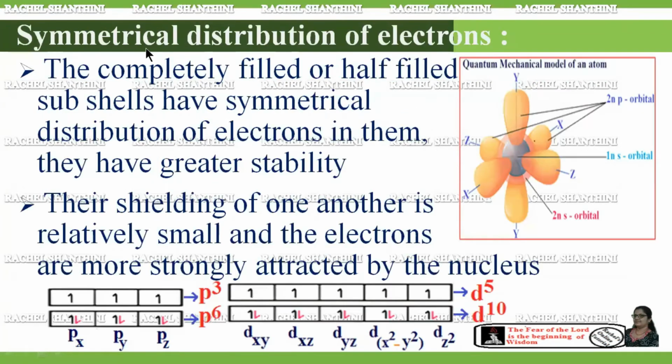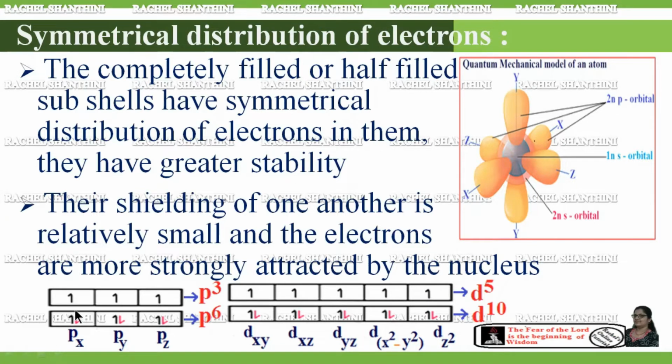Now let us see the symmetrical distribution of electrons. Symmetrical means similar or identical. In Tamil, we call it samachir, right? Seerana, ore madriyana. The completely filled or half-filled subshells have symmetrical distribution of electrons in them.